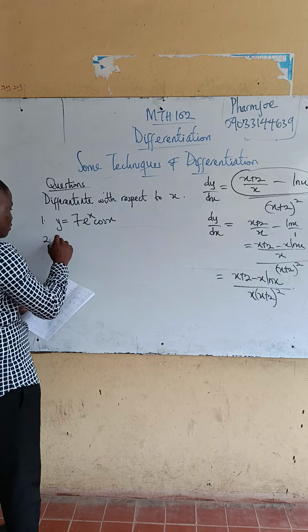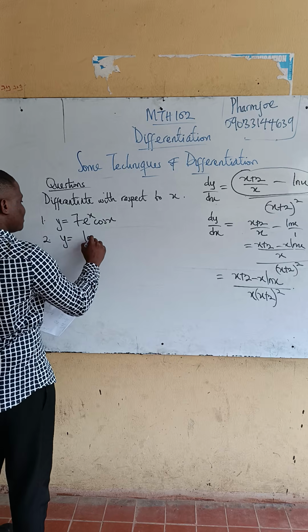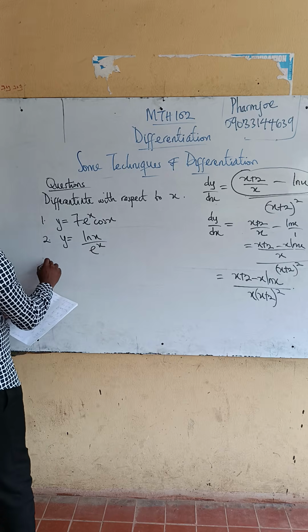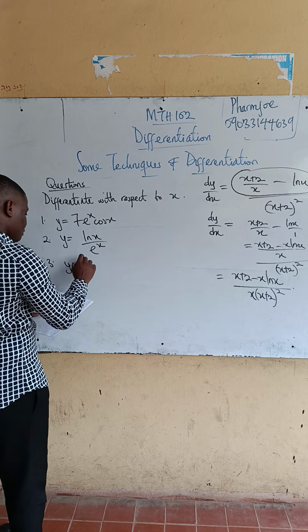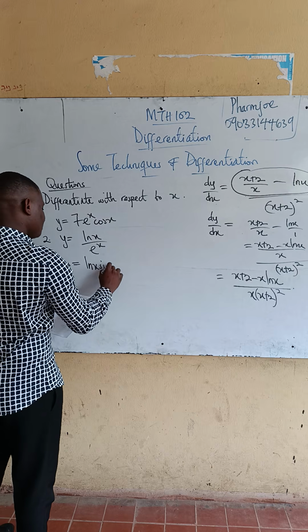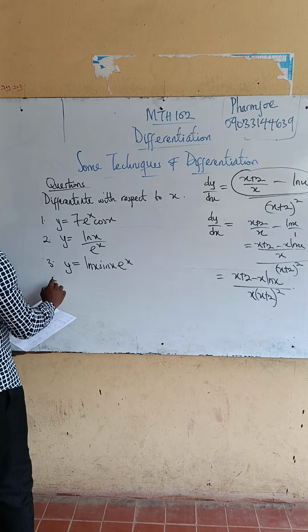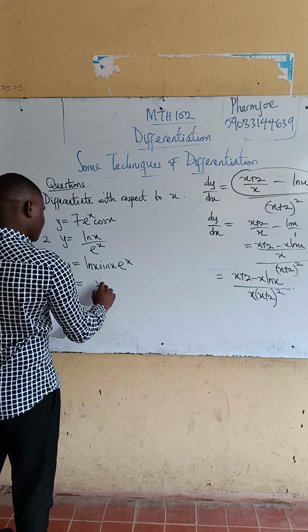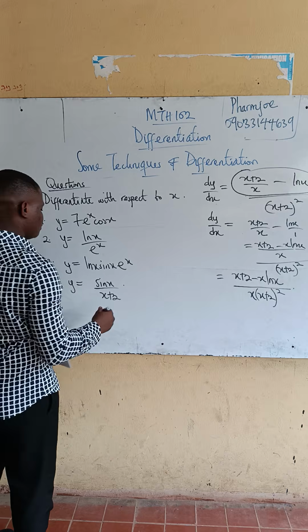Number 2, y equals ln x over e^x. Number 3, y equals ln x sin x e^x. And number 4, y equals sin x over x plus 2.